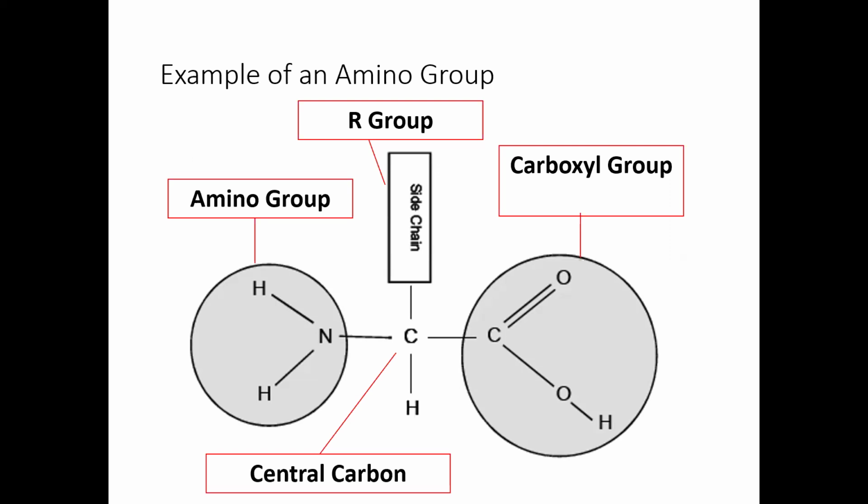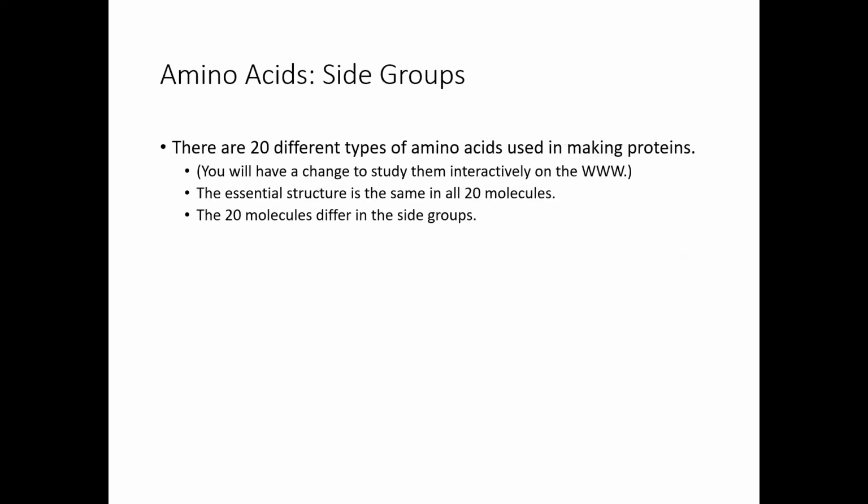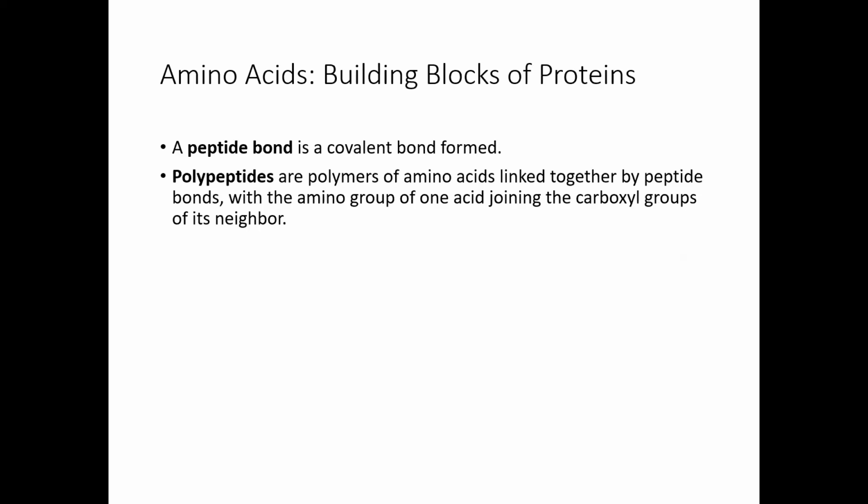We just want to brush over it. And we have the side group, and there are 20 different amino acids. We remember that. And you can study more on the internet and look at their structures. Already we have looked at their structures and the different side chains found in these 20 common amino acids. So try to remember and also assimilate as much as possible.